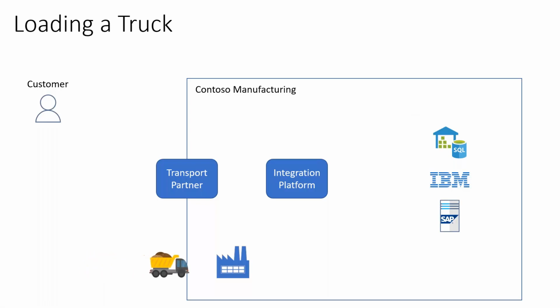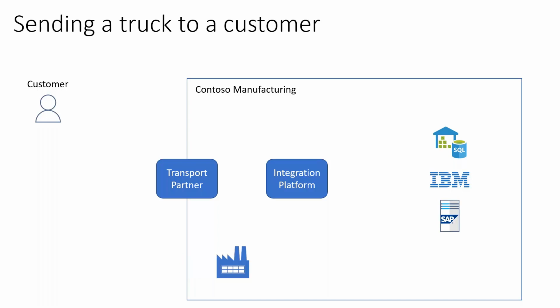Playing through what happens, our truck might go to the factory, it gets loaded, and our partner gets these events from the systems that we have with them. Those events come to our integration platform, and you can see typically an event, in this case, might just cascade, fanning out across multiple systems. Everybody gets a notification that a truck got loaded.